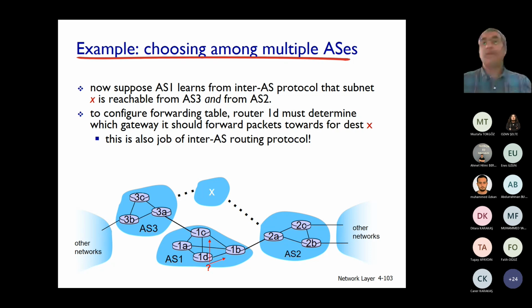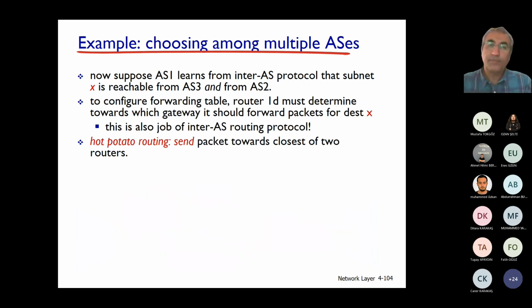To configure the forwarding table, router 1D must determine which gateway it should forward packets to for destination X. This is also the job of the inter-AS routing protocol. The answer is called hot potato routing.